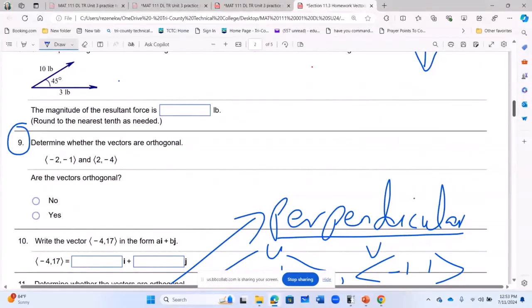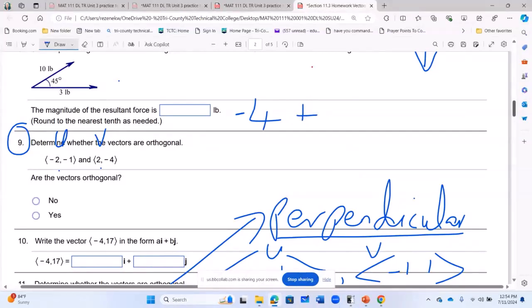Number 9 says determine whether the vectors are orthogonal. In other words, are they perpendicular? Let's find out. I'm going to call this one vector u, and this one vector v. Is their dot product equal to 0? That's what I'm told to do. So I am going to find the dot product. -2 multiply 2 is -4, by the way.